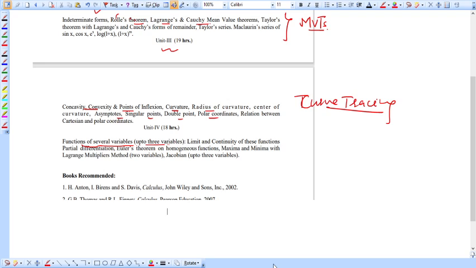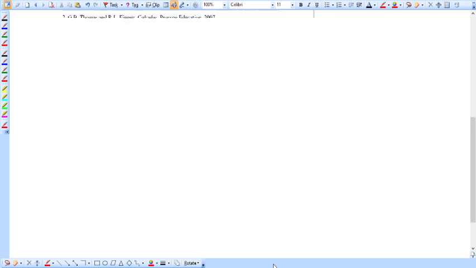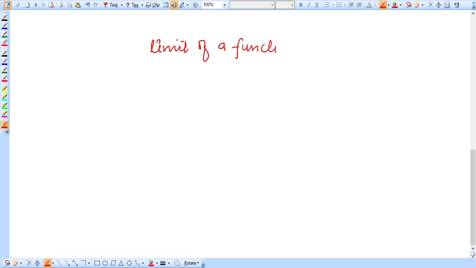lecture series. So now we are going to start with limits of a function. We are pretty familiar with the limit of a function.